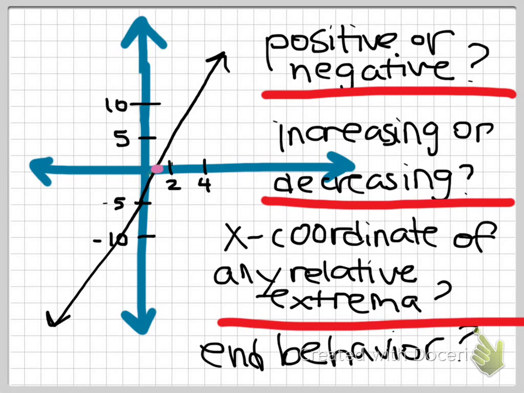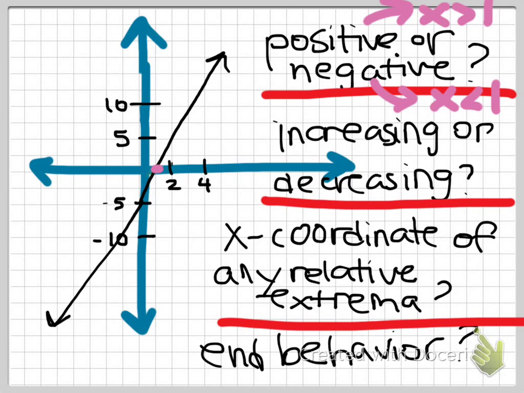right here, where x crosses the x-axis, and we want to say that when x is greater than 1, because the x-intercept is 1, so x is greater than 1, the graph will be positive. When x is less than 1, the graph will be negative.